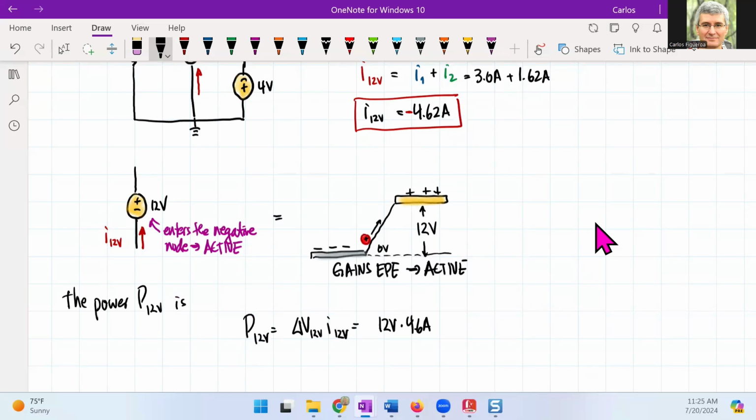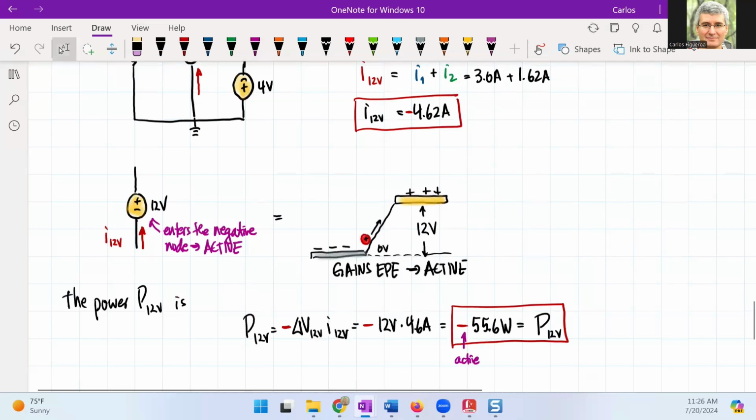And if I look at this guy, this gives me a value of 55.6 watts. And this will be the power of the 12 volt source. But we have to keep including that negative sign. Again, that negative sign tells us that this is an active source and delivering power to the circuit.